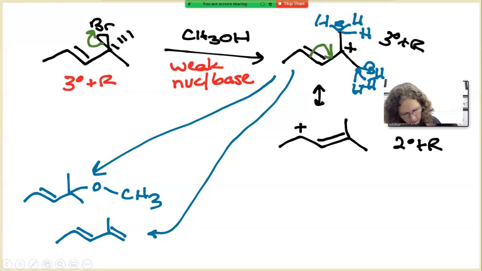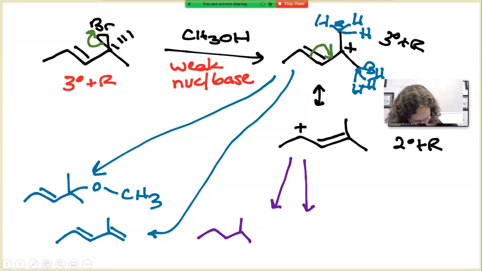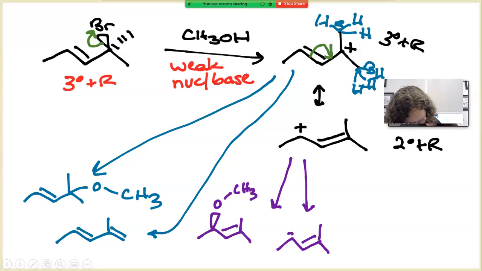Let's take a look at the second carbocation. We can make 2 different substitution products from this carbocation, because remember that carbocations are flat, and so we can make 2 stereoisomers. We can have this stereoisomer, and we can have its enantiomer. Those are the 2 SN1 products.